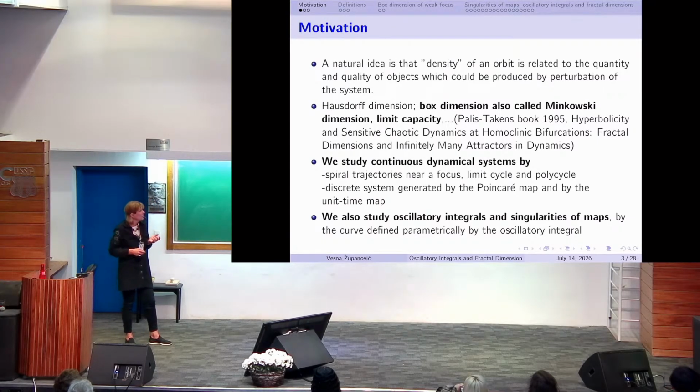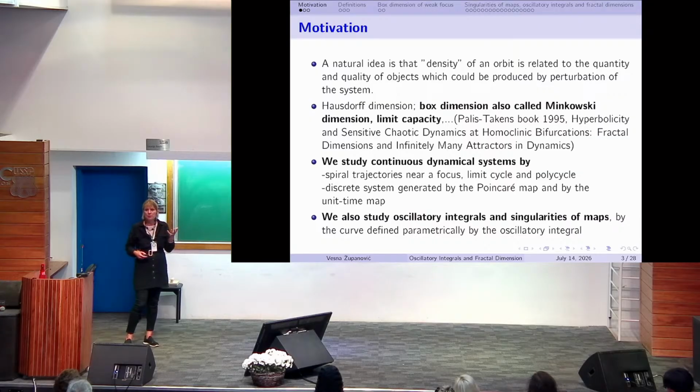But with box dimension, you can see the difference. Regarding the names, maybe the most popular name is box counting dimension, because a very popular definition of box dimension is by counting boxes, but it is very useful for numerics.